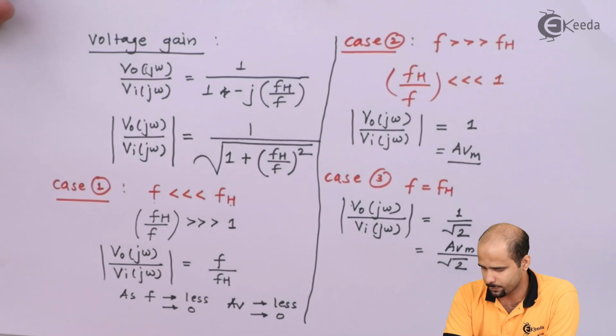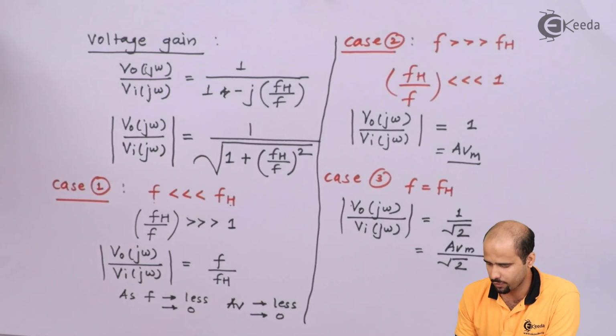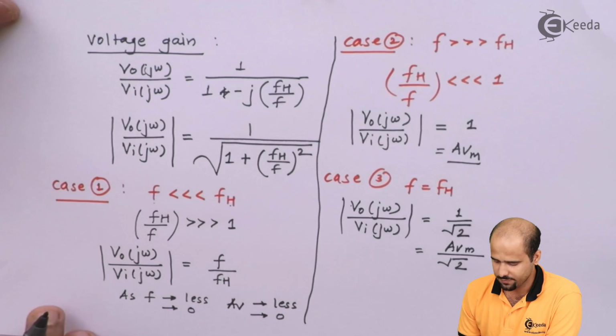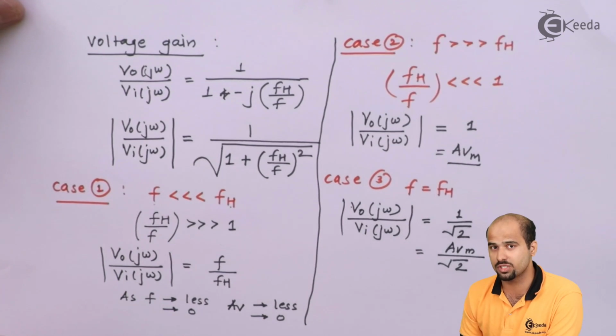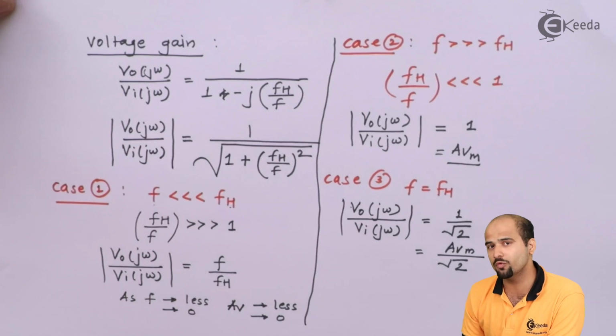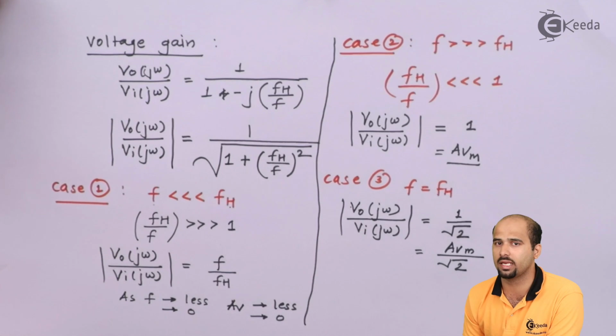right? So far we have discussed 3 cases, and from these 3 cases I can again conclude that as frequency increases from 0 to fh, your value of voltage gain increases and increases.